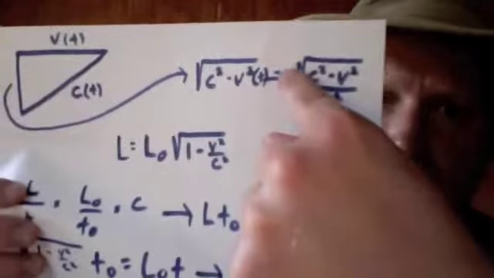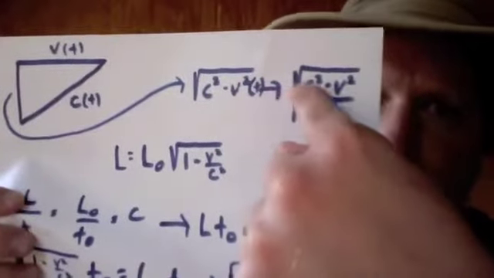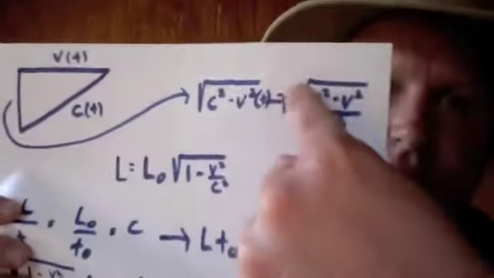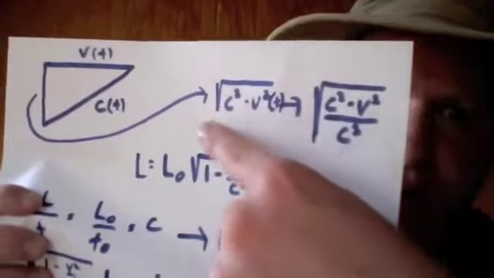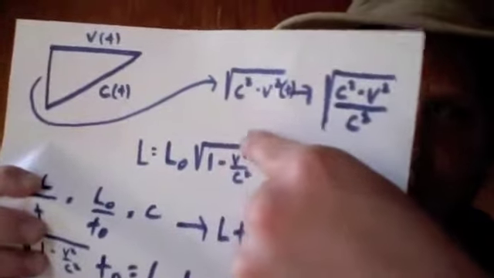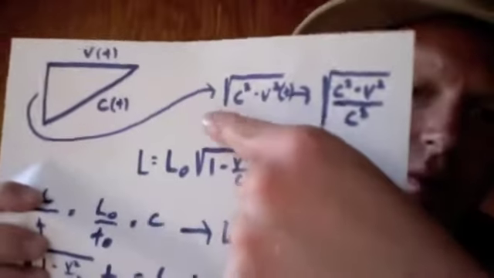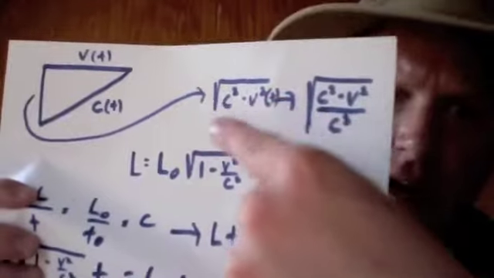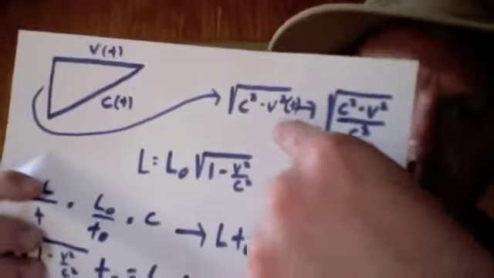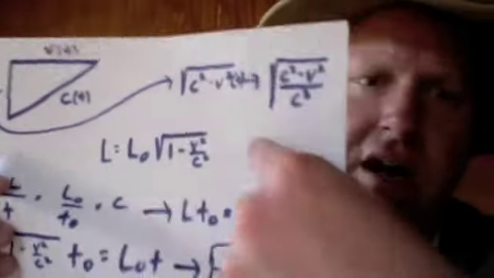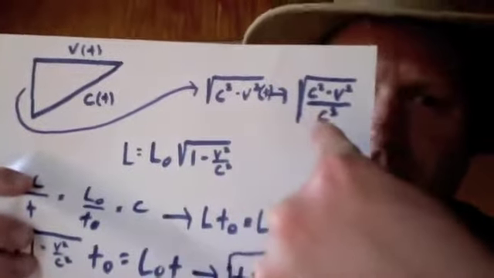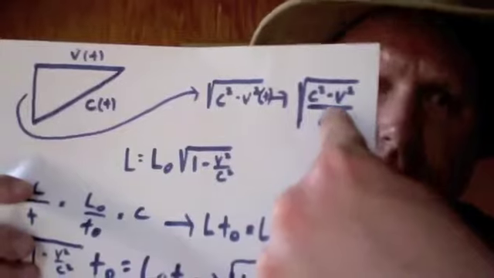Now, what is our factor for length contraction? Well, it's going to be the square root of c squared minus v squared times t, all over c times t. Well, the t's are going to cancel because it doesn't matter what t is. The ratio is going to be the same. And all over c, if we were to bring the c into the radical, it would be all over c squared.